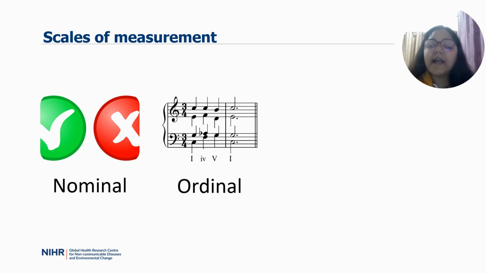Now, the categories suggest some kind of an ordering from a lower to a higher order. Another example is the musical scale, where 1 may represent the lowest octave and let's say 8 may represent the highest note or octave. Such a scale of measurement for data is called an ordinal scale.